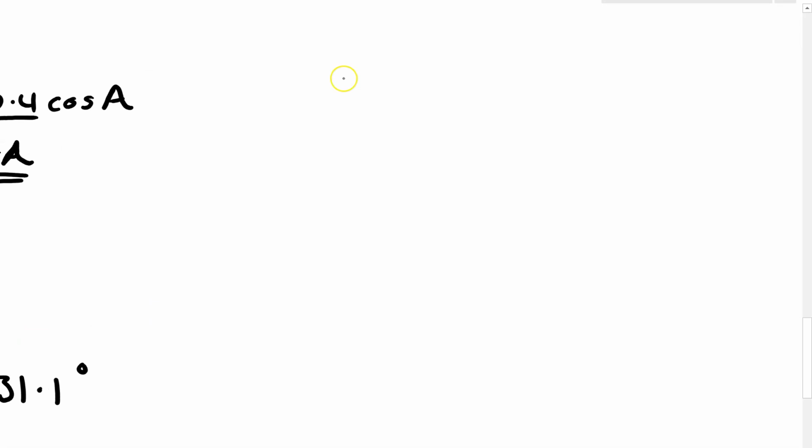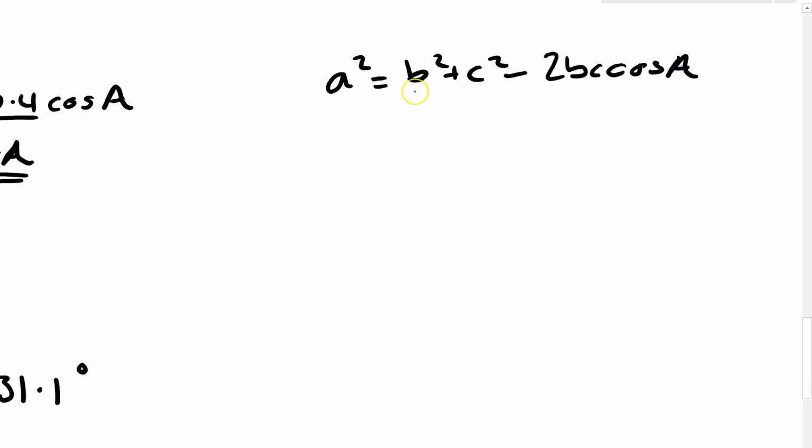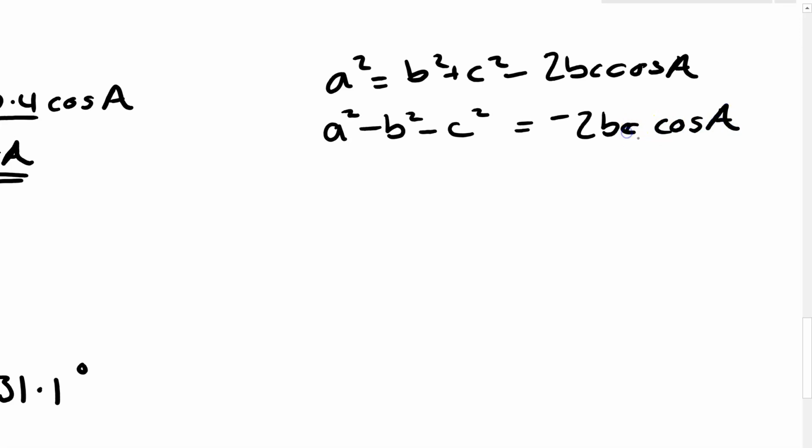If you're going to do that, this is what it would look like. Oh, that should be minus 2bc cos A. So if you're going to do that, take the b squared away, take the c squared away, so that will leave you with 2bc cos A. Now divide by minus 2bc.